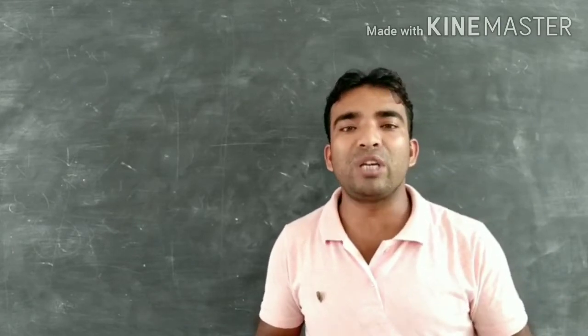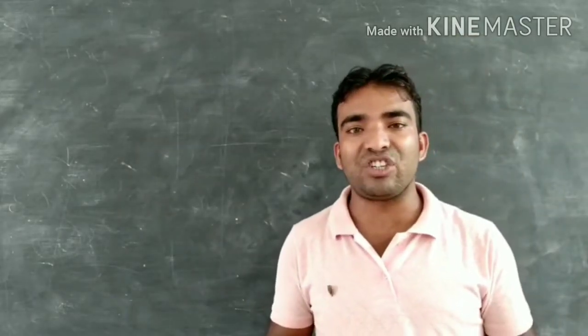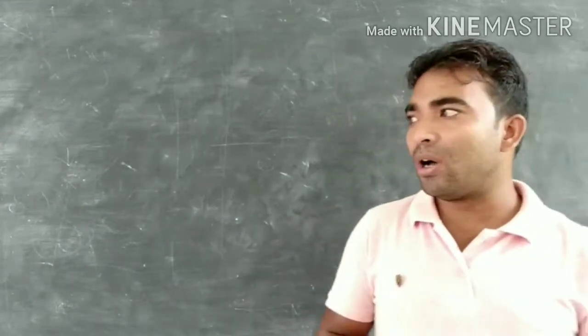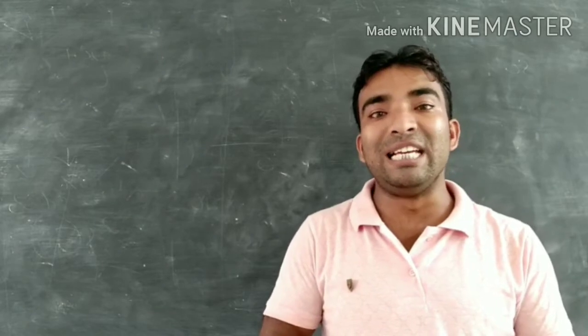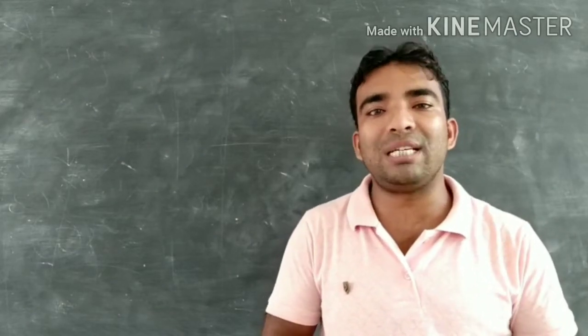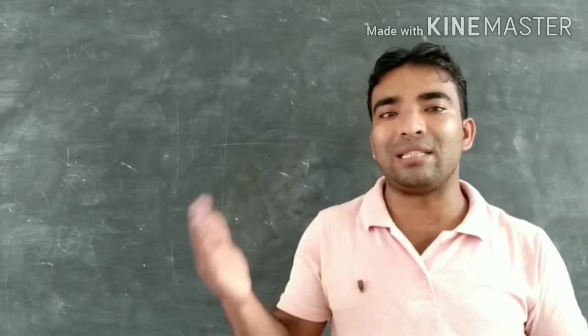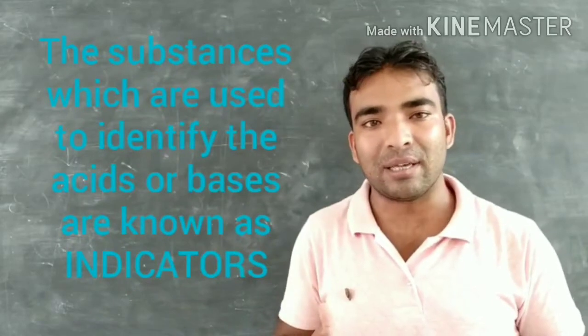So how can we identify whether the given substance is acidic in nature or basic in nature? There are some substances which can be used as an indicator, to identify whether the given substance is acid or base.